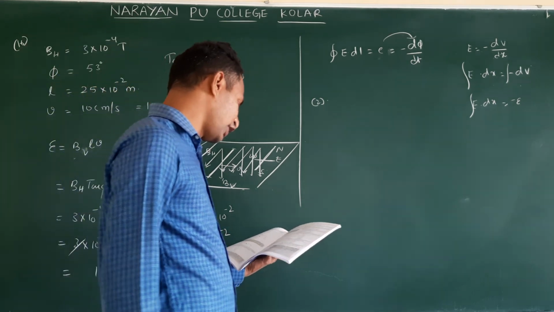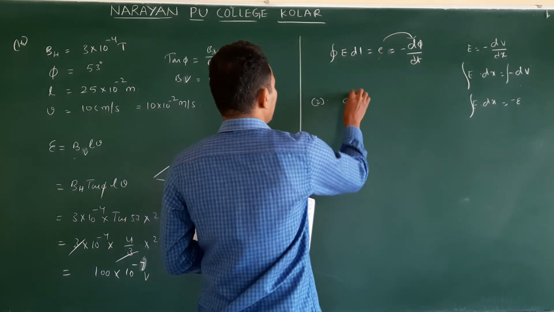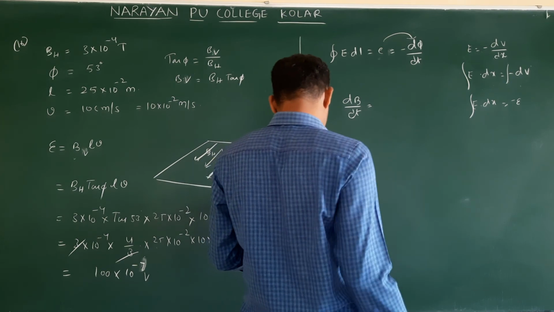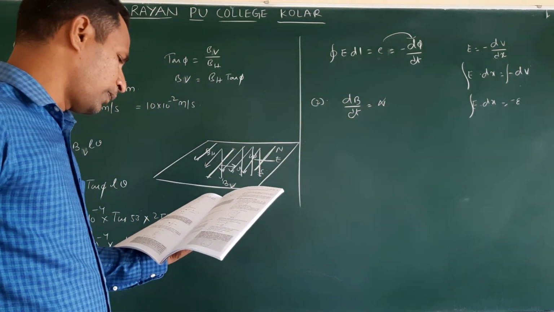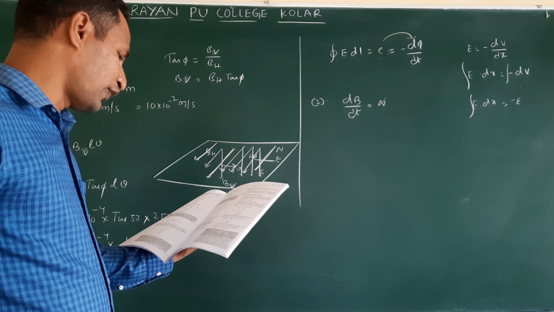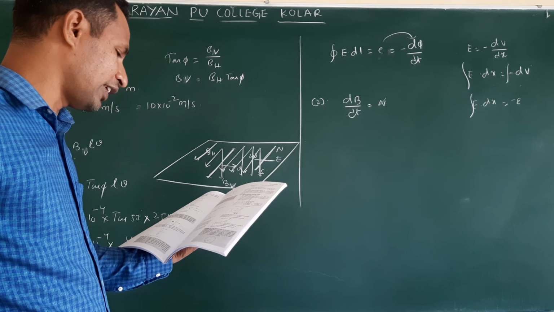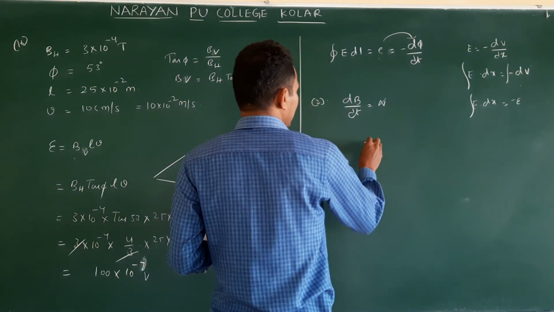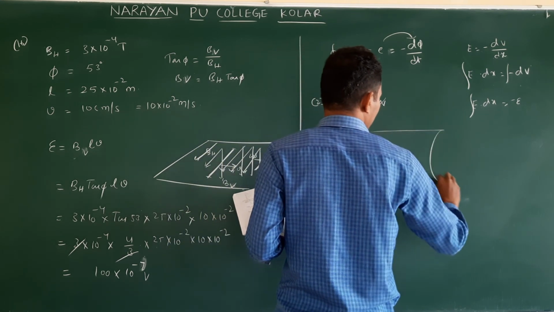Which one? Magnetic field at a point within the cylinder. So dB by dt will be given. They mention it as alpha. Find the magnitude of the electric field as a function of r, the distance from the geometric center of the region. A circular region was there, it's a cylinder, imagine it like this.